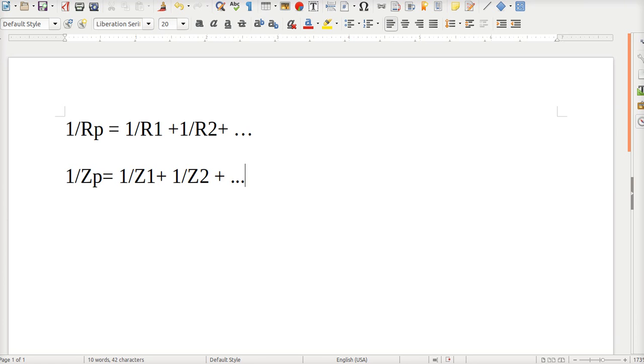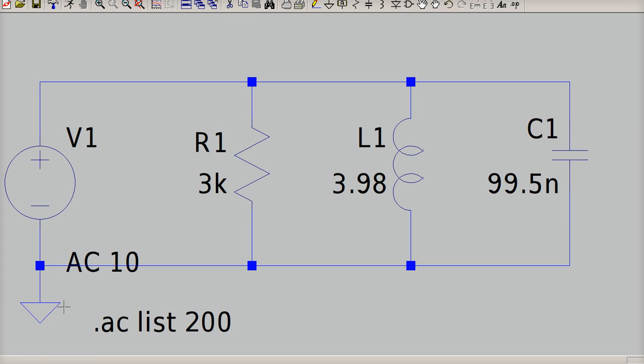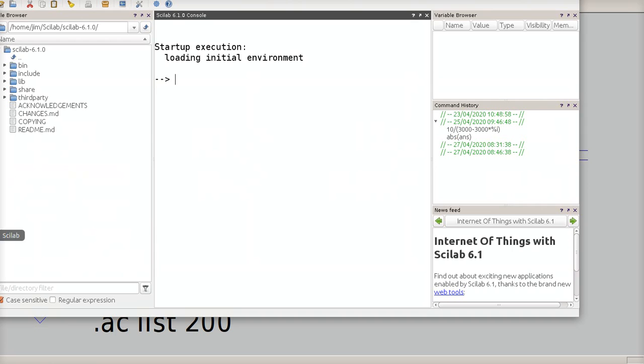Since everything is in parallel, and I know it's impedances, I can have Scilab come up with the values. So I've got three things in parallel. I'm going to do 1 over, because ultimately I want the reciprocal of 1 over Z1 plus 1 over Z2 plus 1 over Z3.